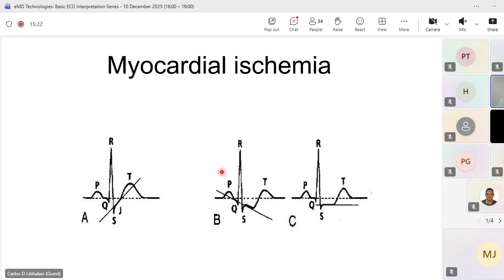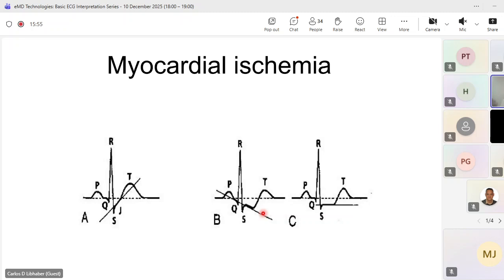In the second case, the P is normal, the QRS is normal, but when the line has to go back for the T, instead of going back, it goes down or it goes horizontal, and it takes more than 2 millimeters, more than 2 small squares, which is 80 milliseconds.